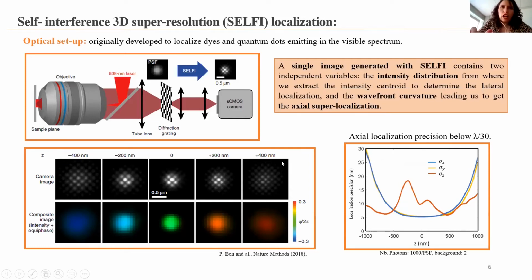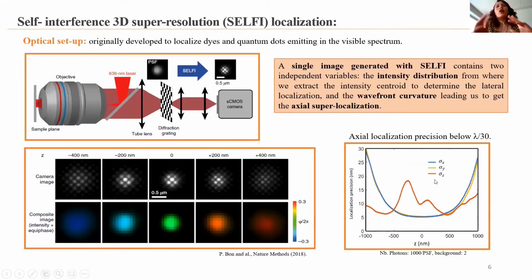If we look at this graph, what we see here is an example of images that we can obtain with SELFI. Let's look at -400 nanometers. Here we have the interference pattern, but what happens when we compare it with +400 nanometers? See, the interference pattern is different. And that happens for each position along Z. That is why, from the interference pattern, we can retrieve the axial localization.